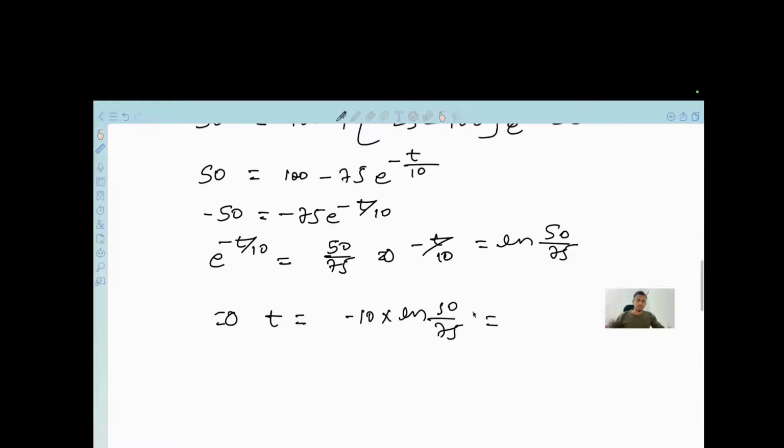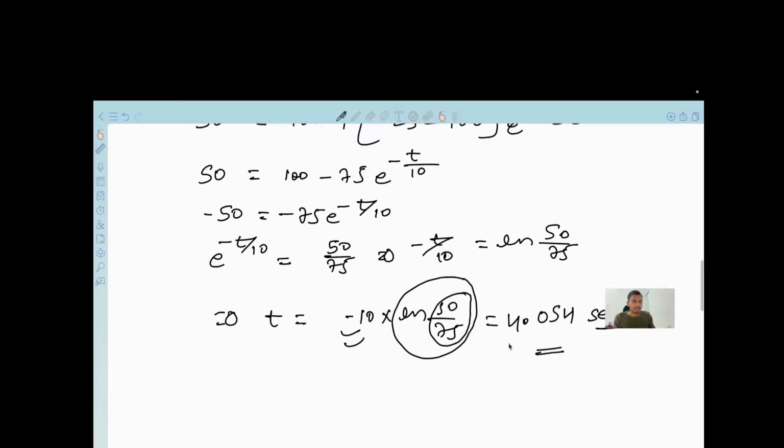If you calculate it, this should be multiplied by 10, and it comes to 4.054 seconds. The value of 50 by 75 is less than 1, so its log is negative, and this negative multiplied by the negative sign gives a positive answer.